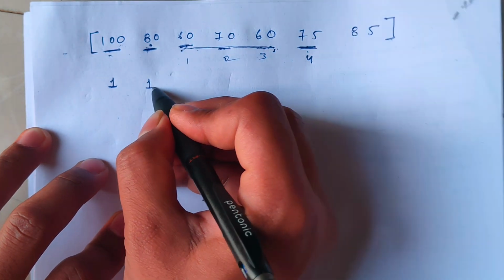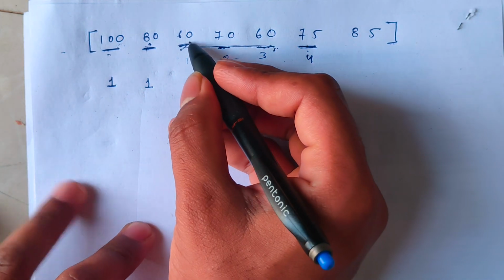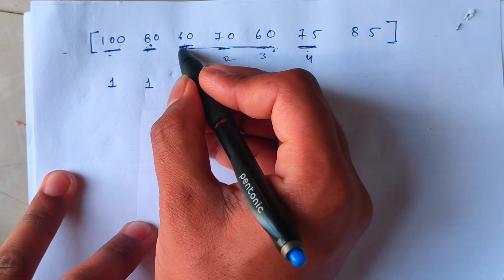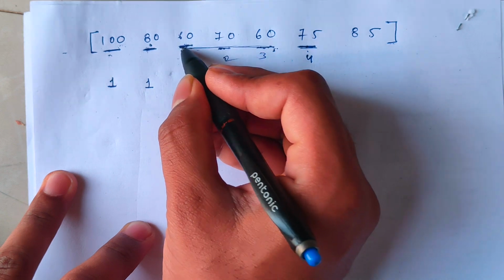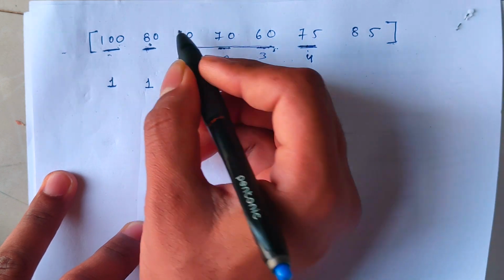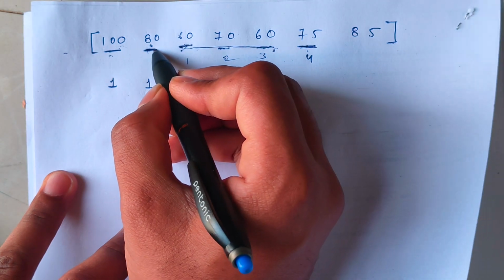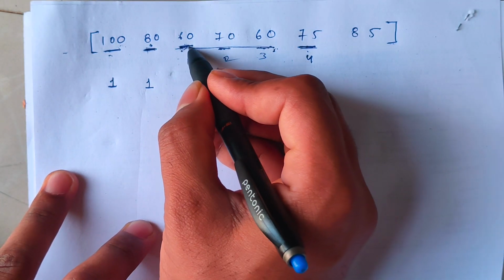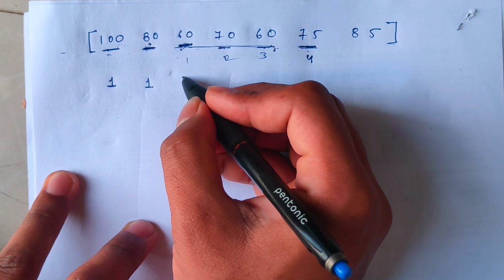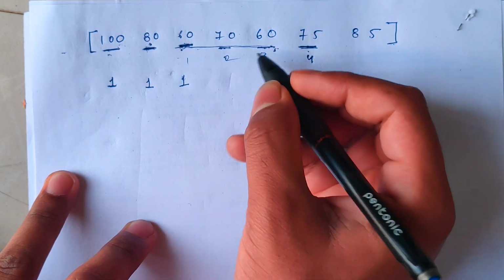Here only 1. Now if we see from 60, is there any element just before 60 which is less than or equal to 60? No. Here we found 80, so only 60 is less than or equal to 60, that is 1.